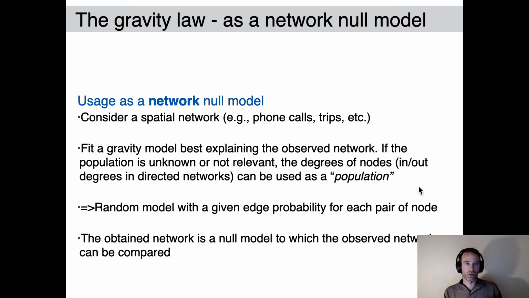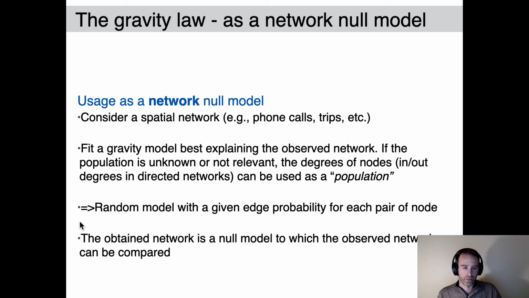If it has a lot of edges, it's probably because it tends to connect to many other nodes, or it's attractive for the other nodes that create edges with it. So considering that we have the population or the degree, we can fit our gravity model. We learn the deterrence function, and we have a random model with a given edge probability for each pair of nodes.